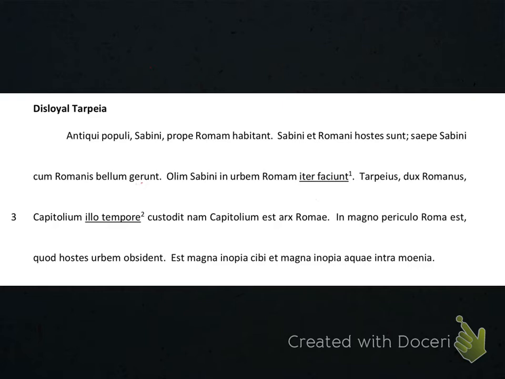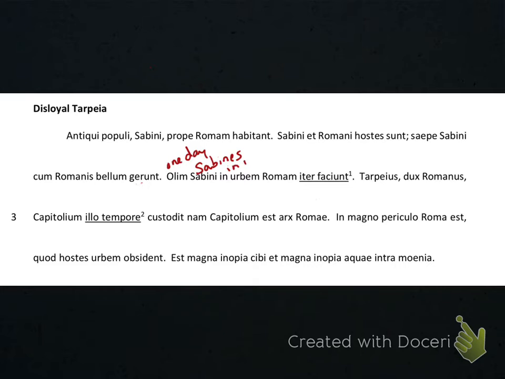In the next sentence, Olim Sabini in urbem Romam iter faciunt. Again, I have to look up the vocabulary. Olim means one day. Sabini, by now I know by heart, is the Sabines. In is twice on the vocabulary list.